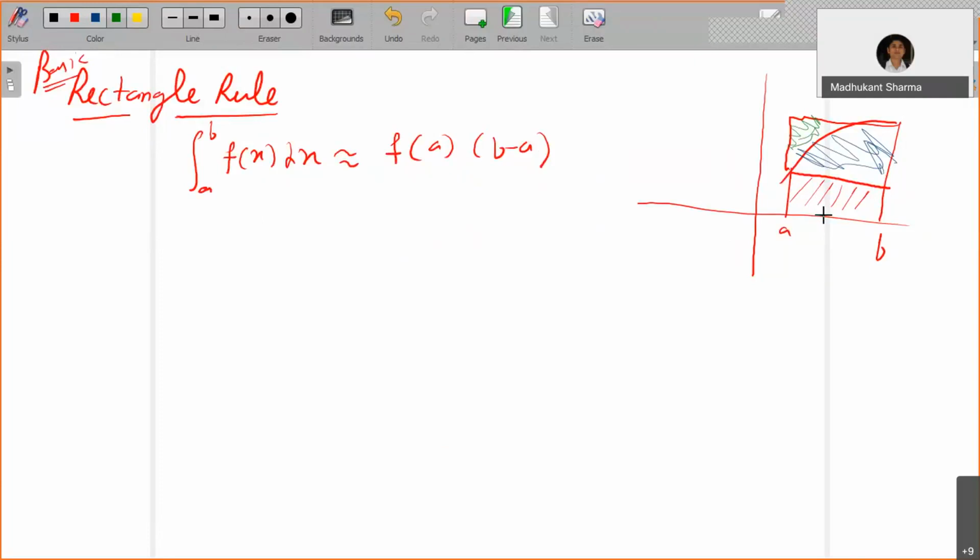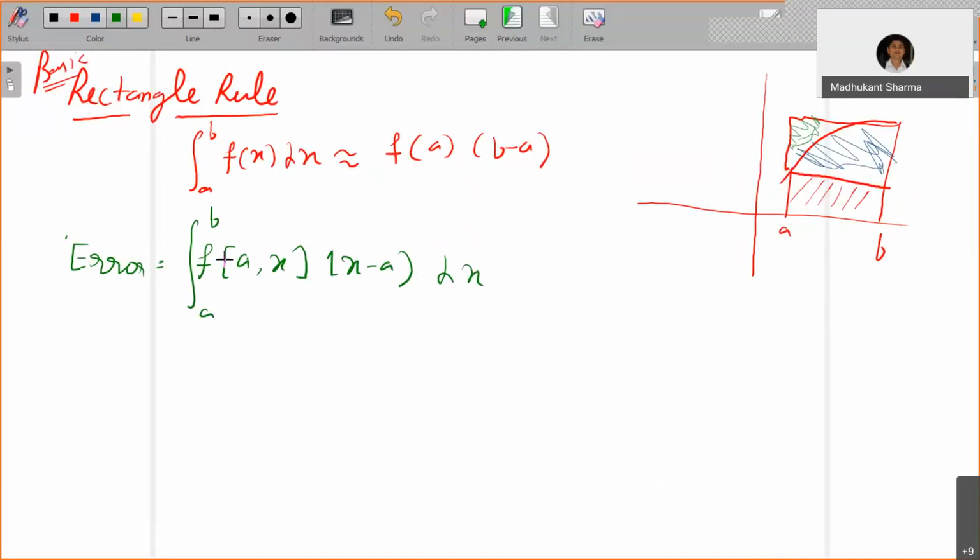So what will the error term be? In the 0 degree polynomial, you are using the left hand point a. So f of a comma x times x minus a. That will be the error if you look at Newton's interpolating polynomial. So that is going to be this integration a to b dx.